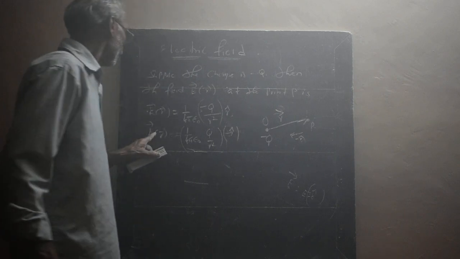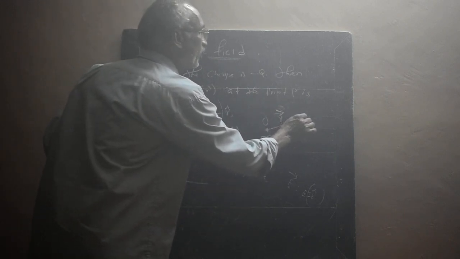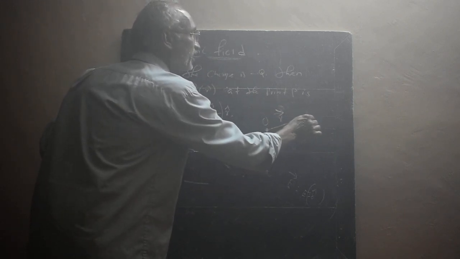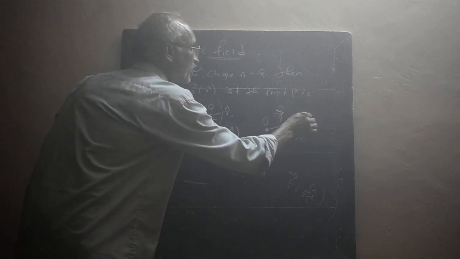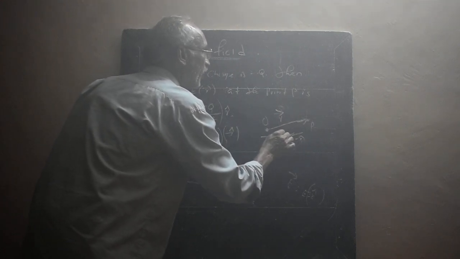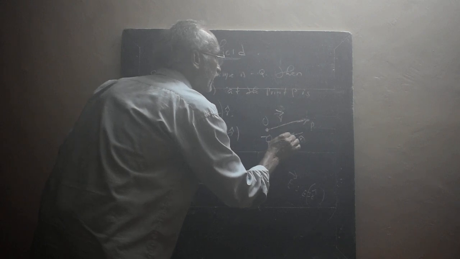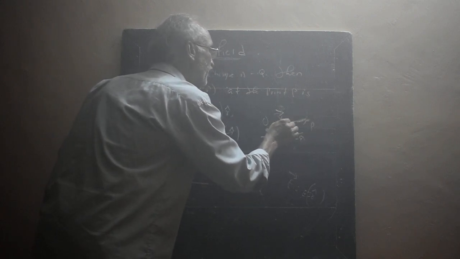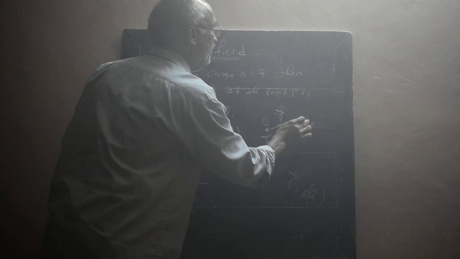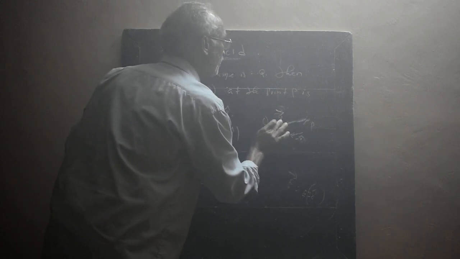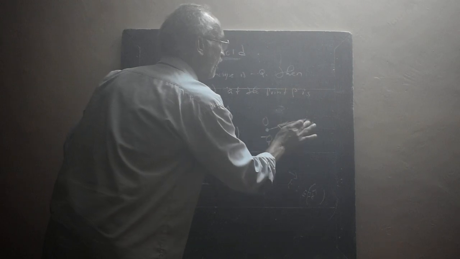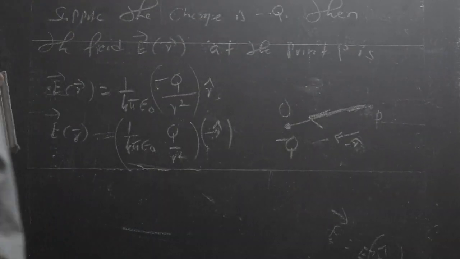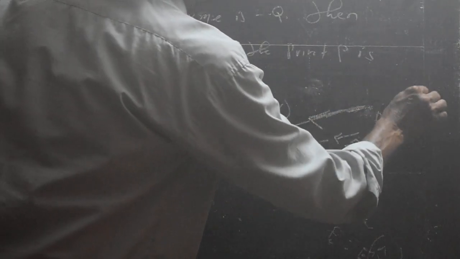Therefore the electric field is not in the direction of R bar, it is in the opposite direction of R bar. The electric field at that point P is radially inwards, not radially outwards in this case. I will remove this R bar, as R bar is understood; OP bar is R bar.